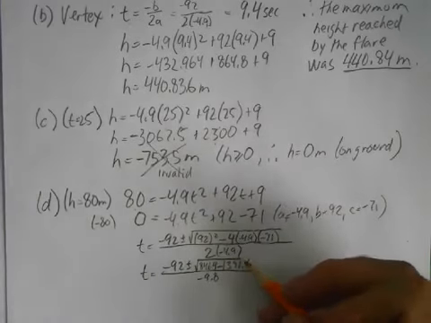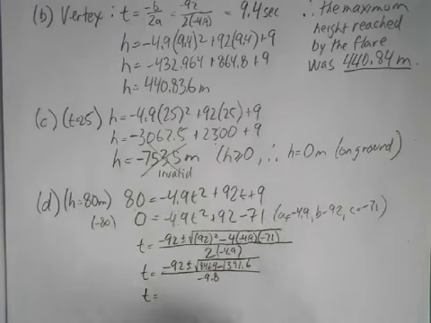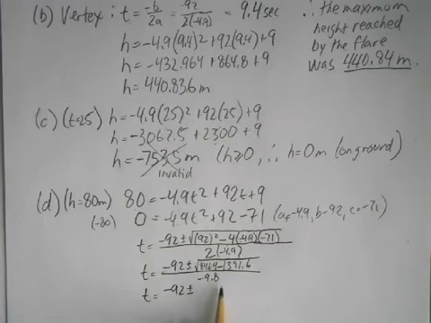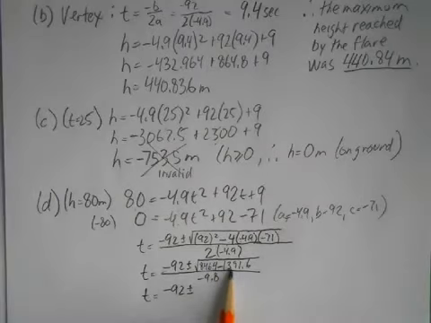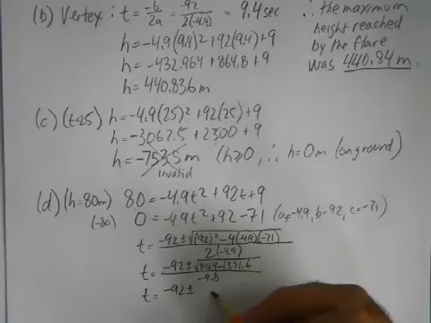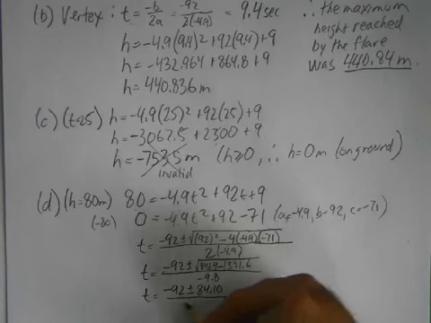Okay, and when I do that and take the square root, I get negative 92 plus or minus, so I actually get about 7072.4. When I take the square root, I get 84.1. I think it was 0.09, but rounded up, over negative 9.8.